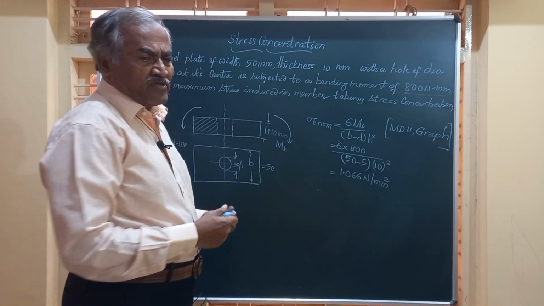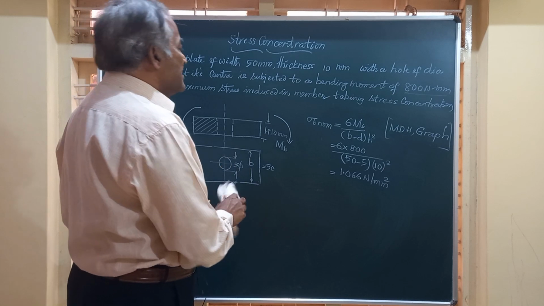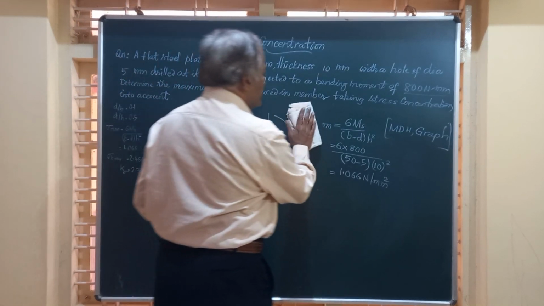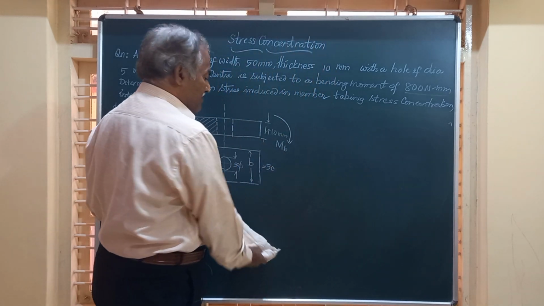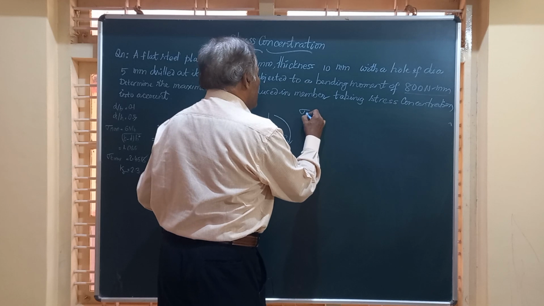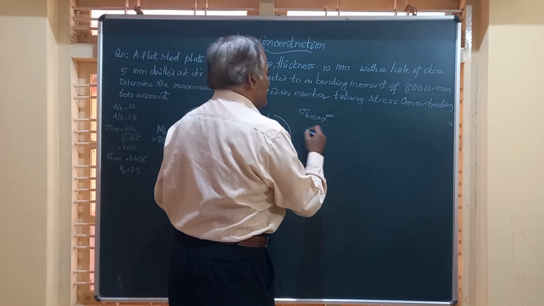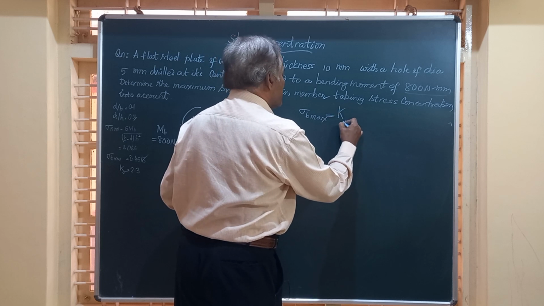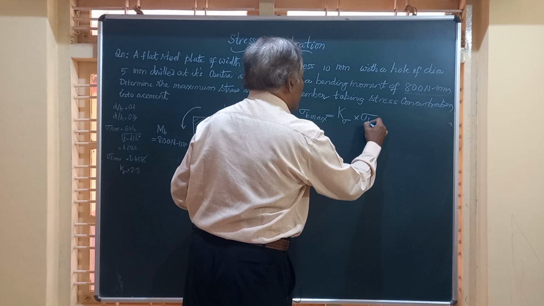So, friends, we have the value of K sigma, and we have the value of the nominal stress, and hence we will be able to find the maximum stress induced in the member. Therefore, sigma B maximum, the maximum stress induced in the member, is K sigma multiplied by sigma B nominal.